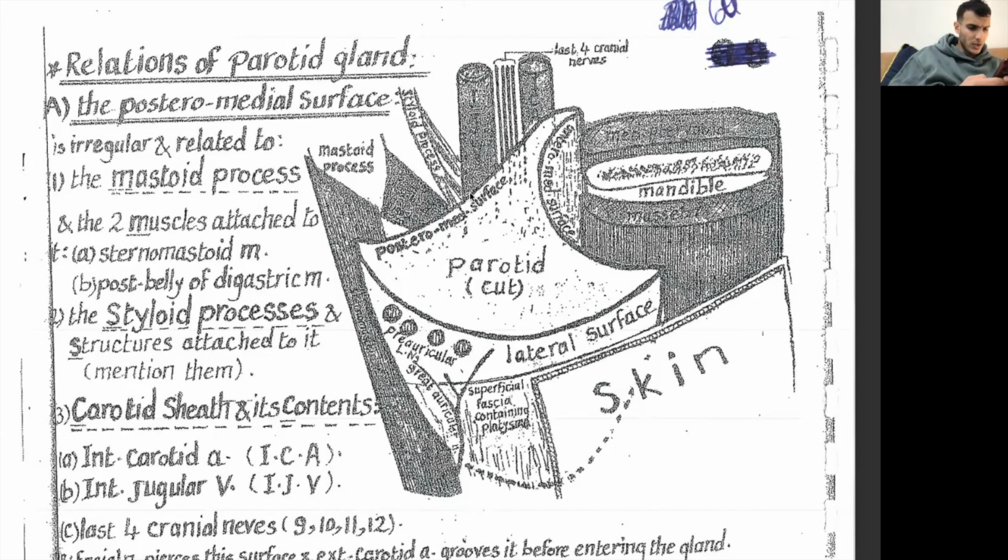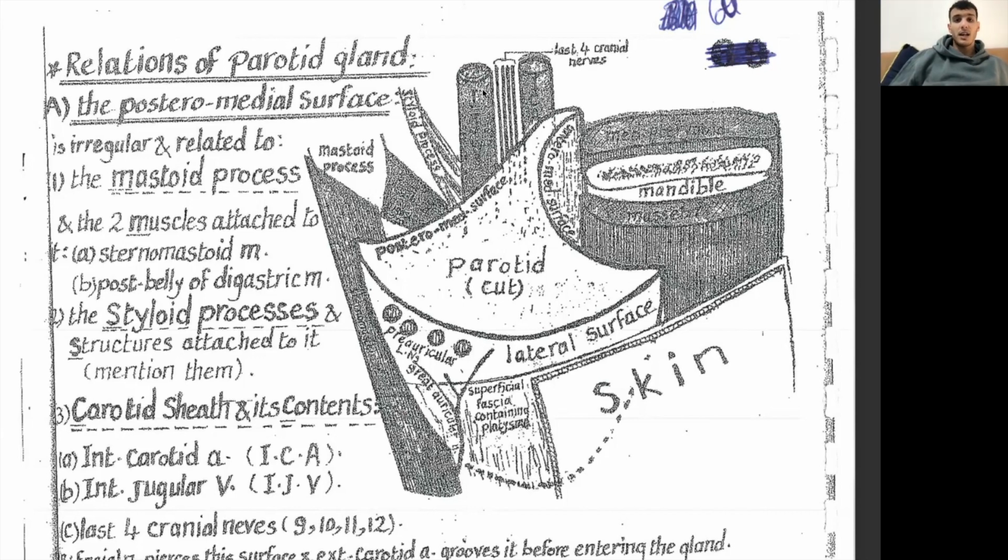Yes, right here. So that's what I remember. I think it's just the stylomandibular ligament attached to the mandible, and there are other structures attached here, but I don't remember them. But we probably need to know what's attached here, so that we can say what's in close relations with the posteromedial surface. That's just for more information if you guys would like to.